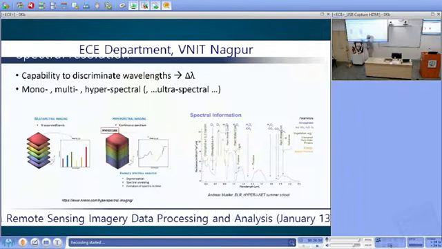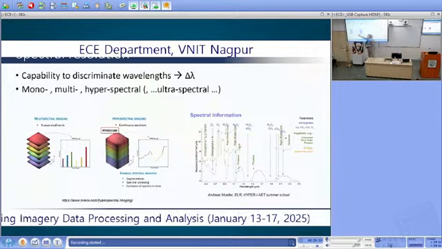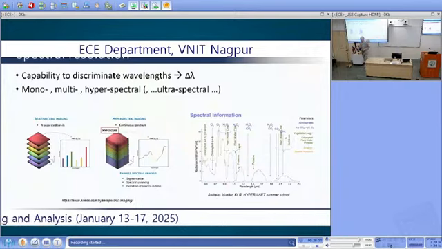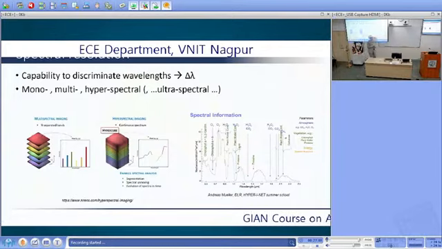The typical multispectral Sentinel-2 data set takes up on the order of 600, 800 megabytes for one acquisition. When you move to hyperspectral, like for example Prisma, we're talking about 3 to 5 gigabytes for one acquisition.